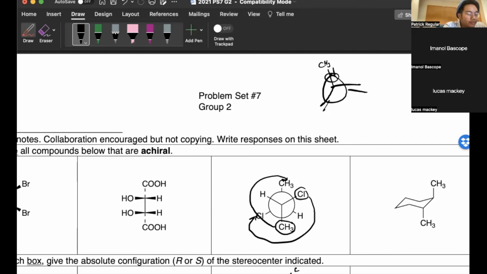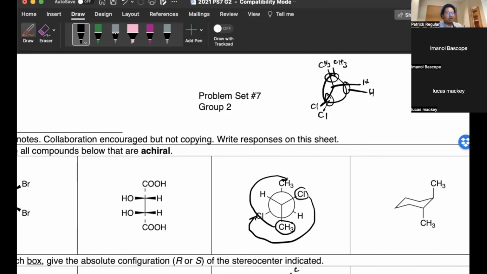This is something really handy you can use your model kit for. Right. And then what about for this group over here? Knowing that you rotated, that'd be H, H, and then for this one, Cl.